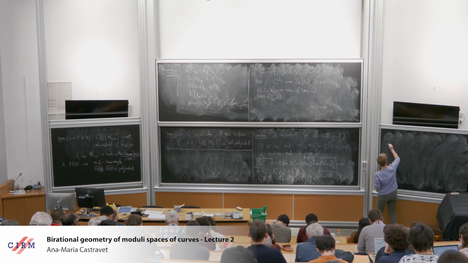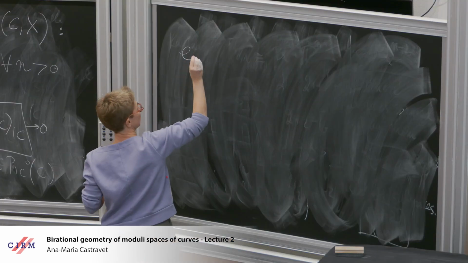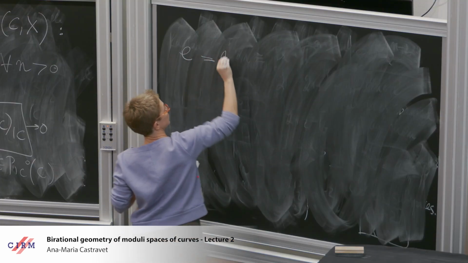So this proves that E is the smallest n.